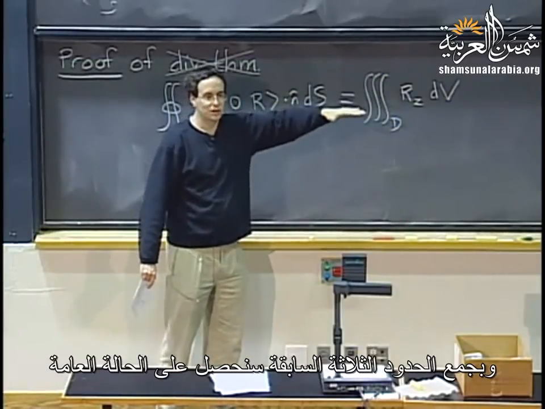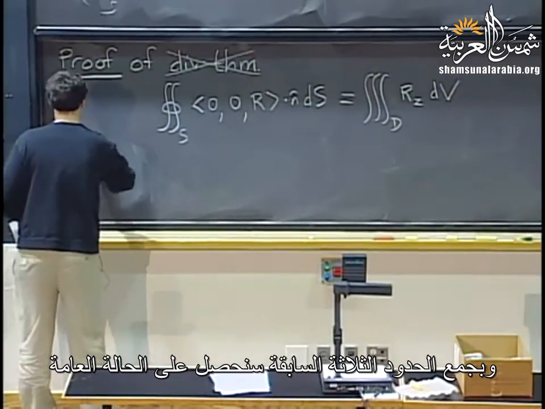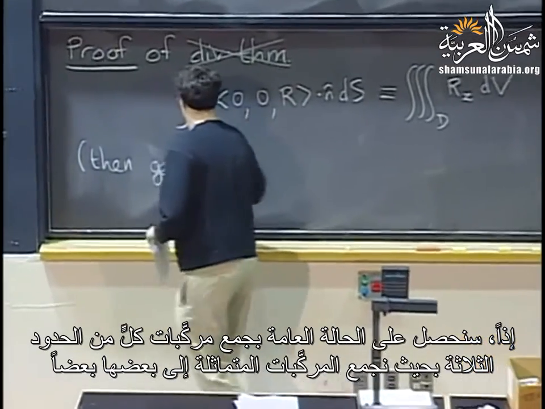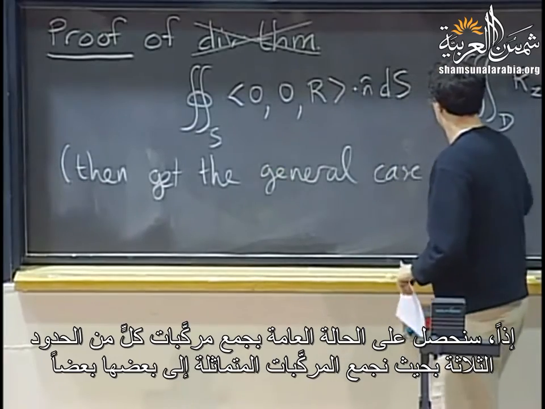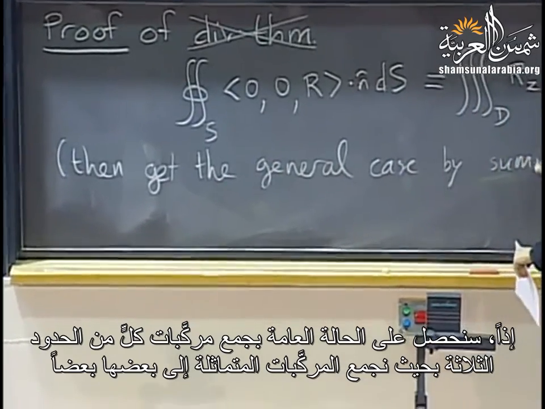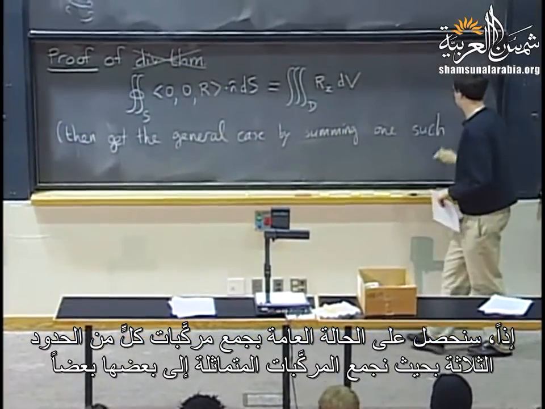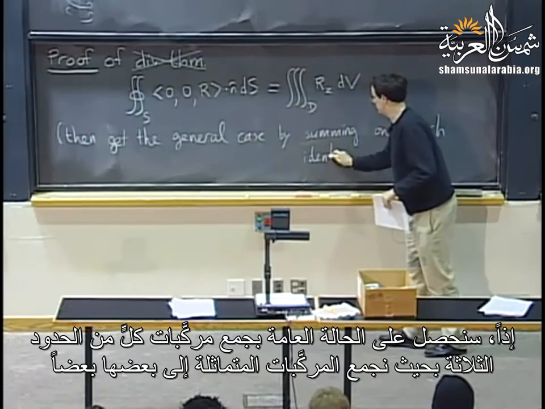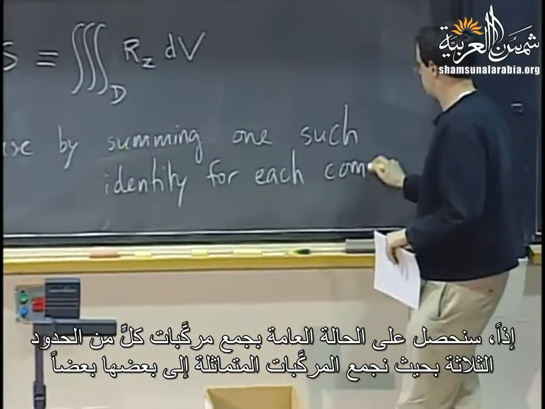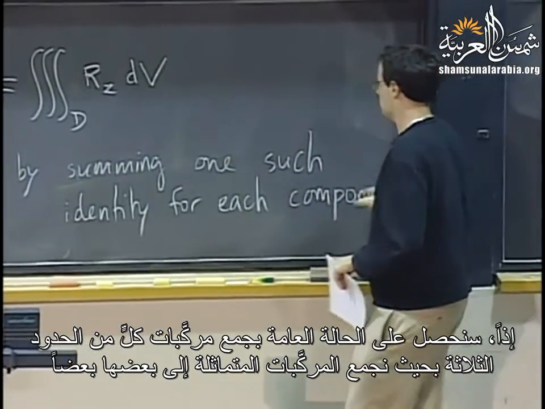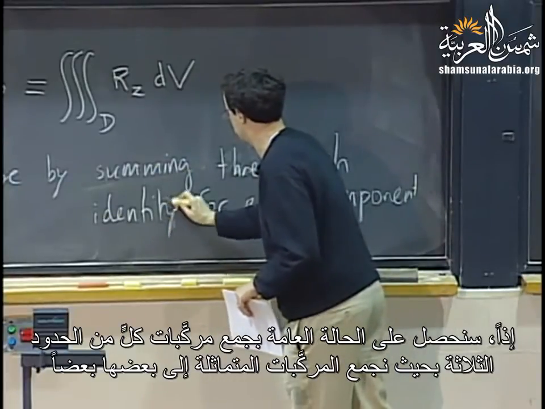And then with three such terms together, we'll get the general case by summing three such identities, one for each component.